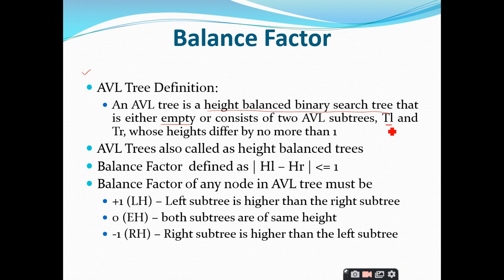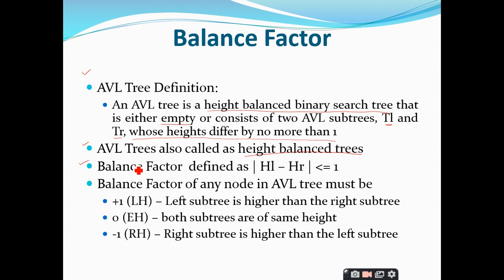TL stands for the left tree and TR stands for the right tree, which are nothing but the left subtree and the right subtree, and whose heights differ by no more than 1, that is, at most 1. Is it clear up to this point? Yes, sir. As I told you, it is also called a height balanced tree. In short form we can call them height balanced trees.